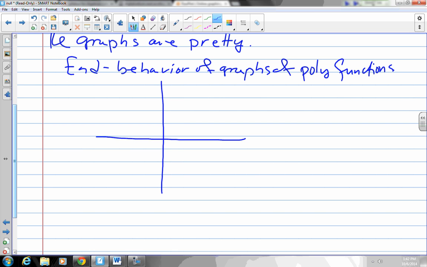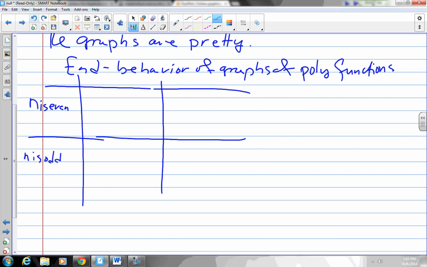So there are 4 options. Let's do n is even. And here we'll do n is odd. And here we'll do a sub n is positive, a sub n is negative, meaning the leading coefficient.